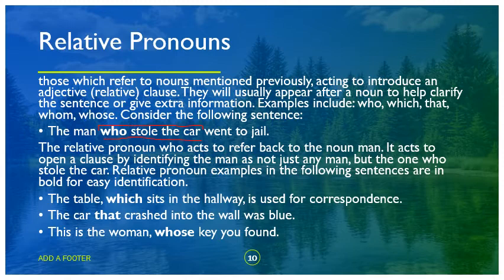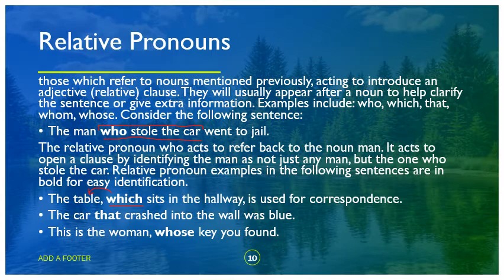The table which sits in the hallway is used for correspondence. So from here you can get the hint that even this relative clause can be separated with commas. Just to let the reader know that some extra information is being given here about the table or the noun that precedes. So this which here is the relative pronoun, because it is developing a connection first of all with the noun table, and also it is introducing a relative clause here.